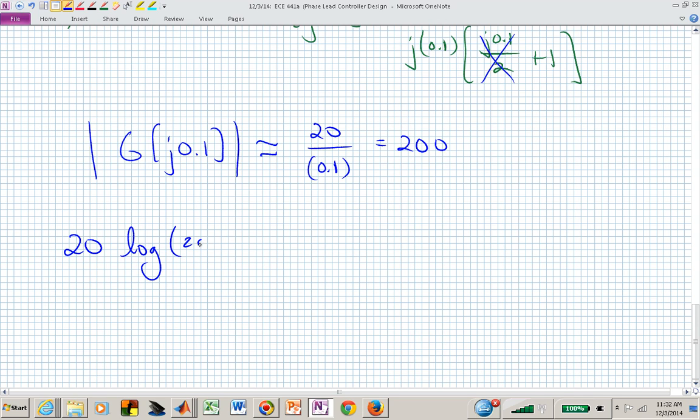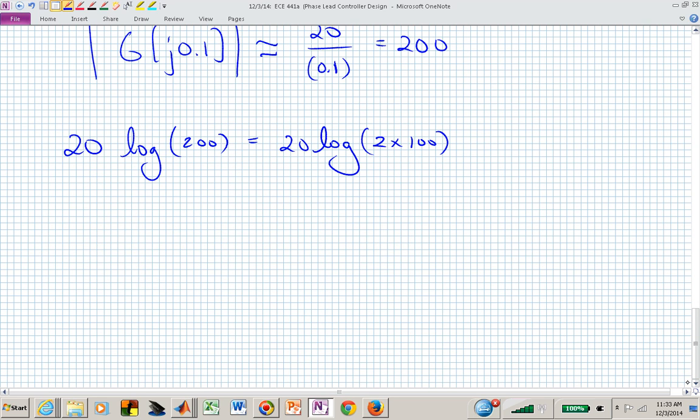20 times the log of 200, which we can think of as 20 times the log of 2 times 100. If we have this table of logs in our head, we can now just break that product of 2 times 100 into two pieces. We now have 20 times the log of 100, let's do that biggest piece first, plus 20 times the log of 2.